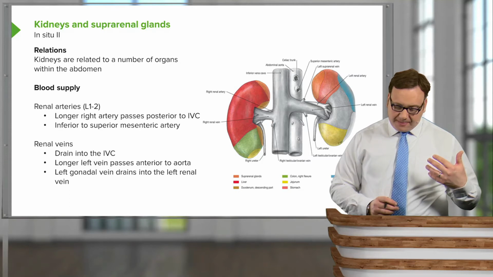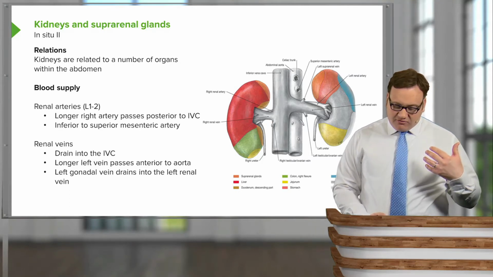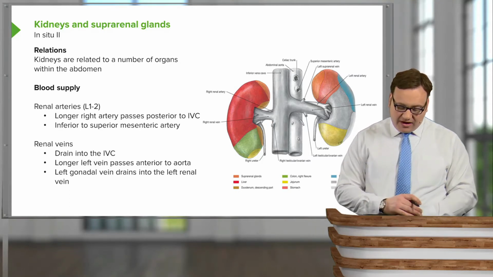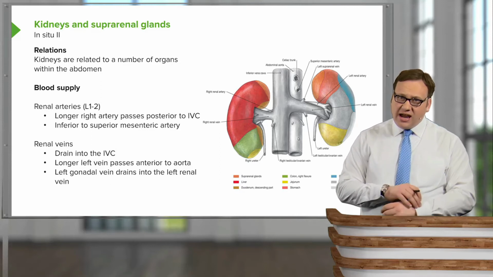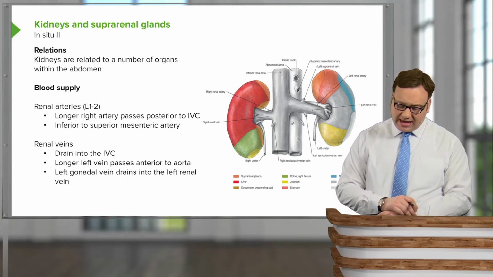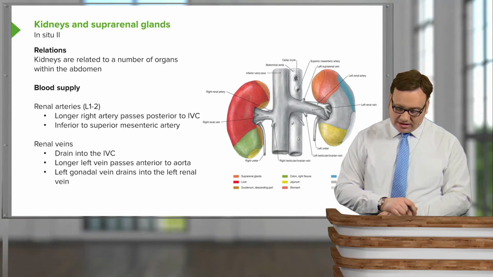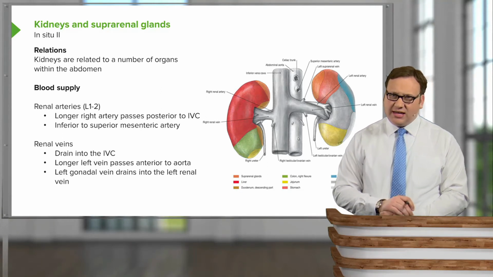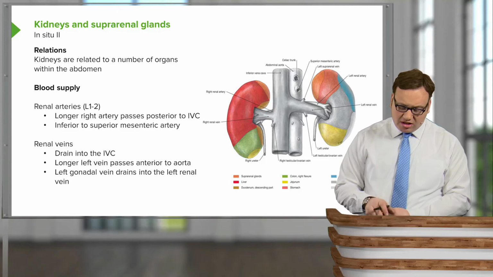And then we can see that the renal veins are draining into the inferior vena cava, and we have a longer left renal vein as it's passing anterior to the aorta. So a nice diagram indicating the blood supply and the relations of the kidneys.